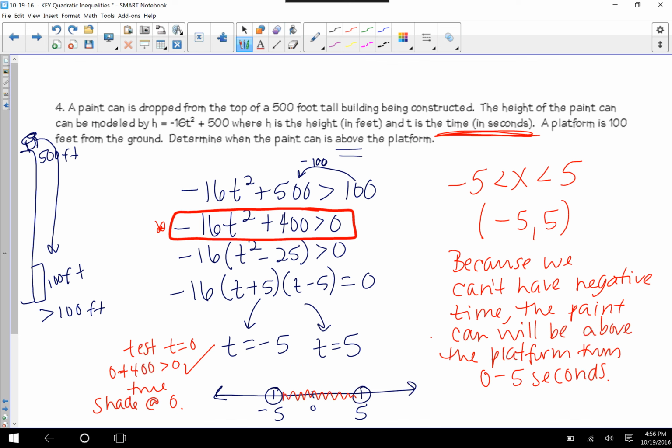After that 5 seconds, it's going to be on the platform. So we have to take into consideration the fact that we can't have a negative time here.